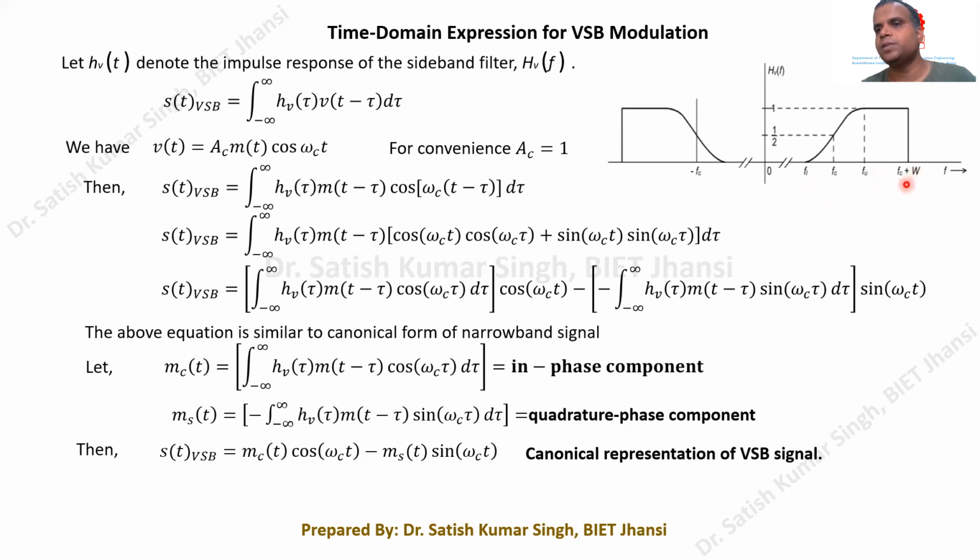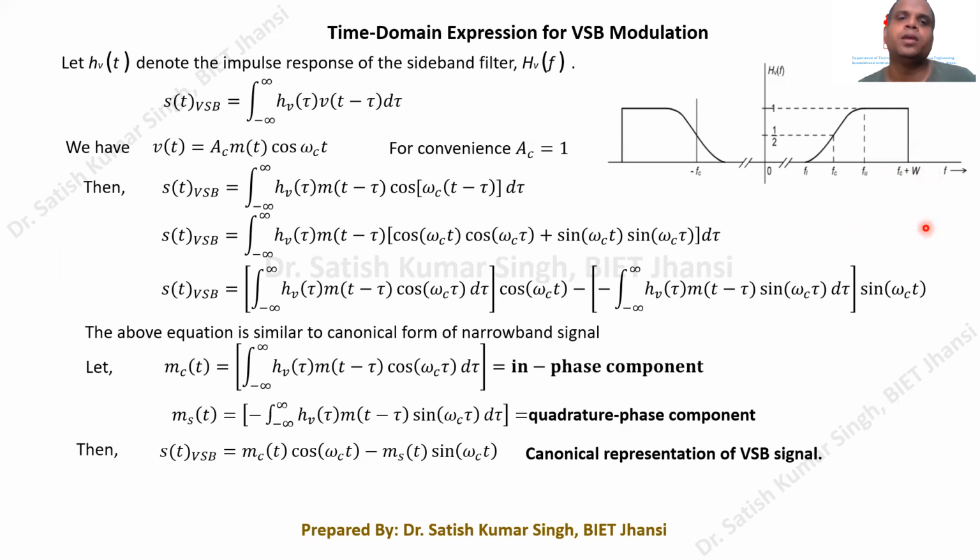If we know the bandwidth of the vestigial sideband, FC minus FL, then the vestigial sideband bandwidth plus W will be the bandwidth of our total modulated signal. If we write this in the other form, it will be FC plus W minus FL.